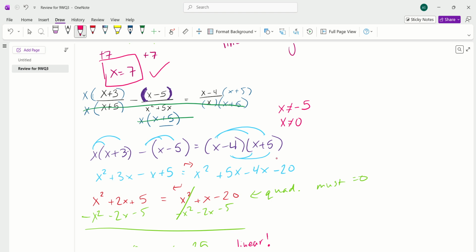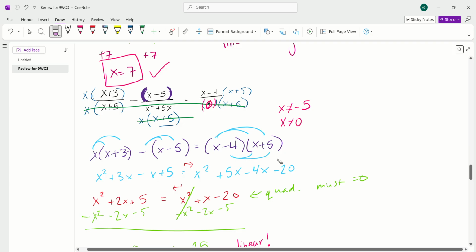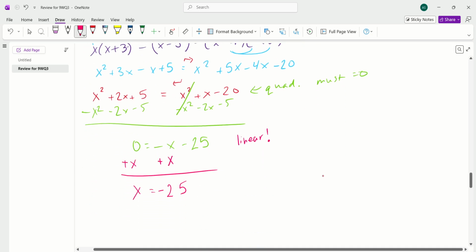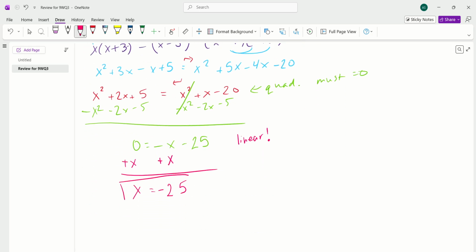Because this x is kind of standing alone, which means if he was 0, he would be multiplying by all that. 0 times anything is still 0, which is not allowed. So x cannot be negative 5, x cannot be 0. Luckily, neither one of our answers is negative 5 or 0. So our answer is negative 25.